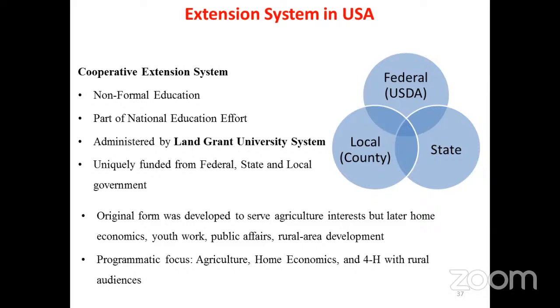So the cooperation between three units acts as a cooperative extension system. Again, it is administered by the land grant university system. We already know even the universities in India were started on this system only.